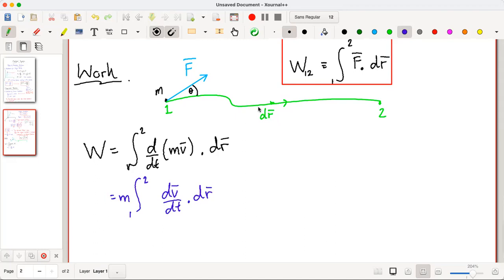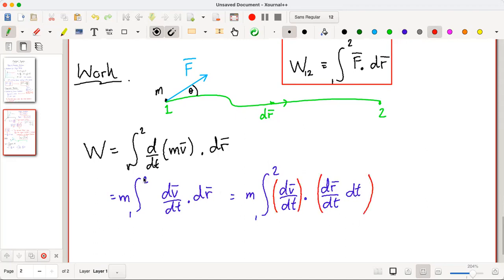So obviously dv/dt is acceleration, but I'm not going to write it as an acceleration. Instead, I'm going to change this using the chain rule in calculus. So dv/dt dot dr, I can write as dr/dt times dt.